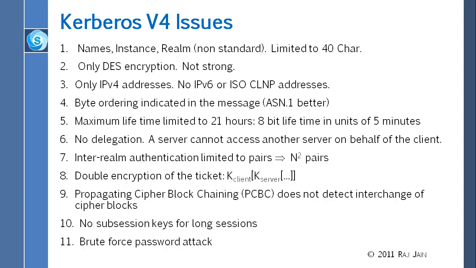No delegation. A server cannot act on behalf of the client toward another server. So you could not go to a print server which would give it to another print server. It had to be direct. Inter-realm authentication was limited to pairs. So everybody has to have a secret with the TGS, particularly if you have another realm, their TGS has to have a secret with our TGS, and it has to be direct.